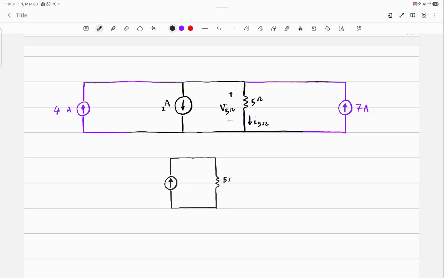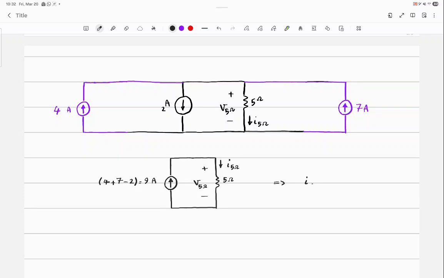So this is 5 ohm. What's the value of the equivalent current source? It's 4 plus 7 minus 2, right? 9 amps. So this is V5 ohms, and this is I5 ohms.